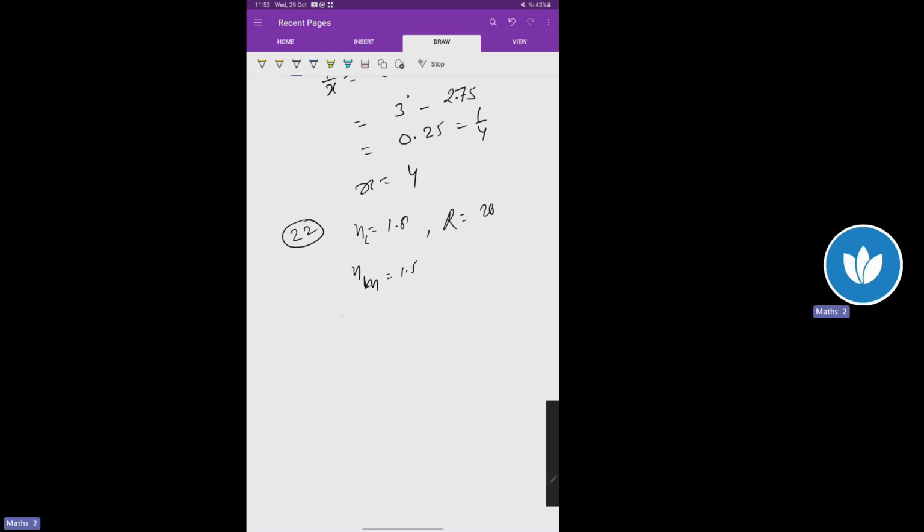So in air, power is (1.8 minus 1) into 2 by R. This is in air.